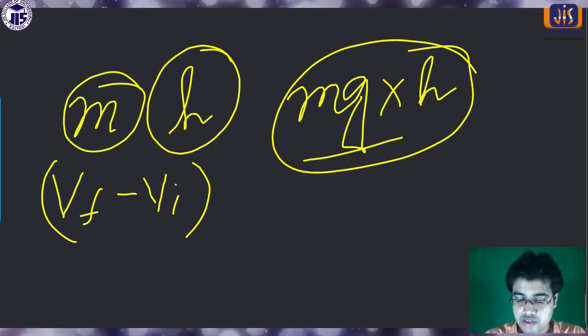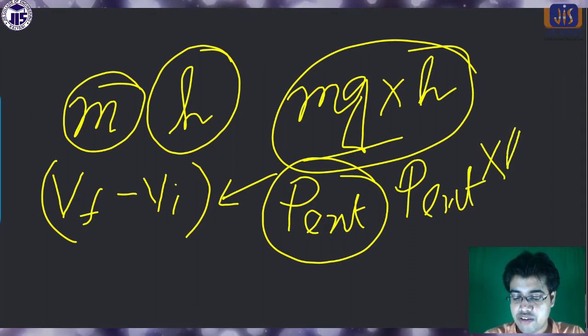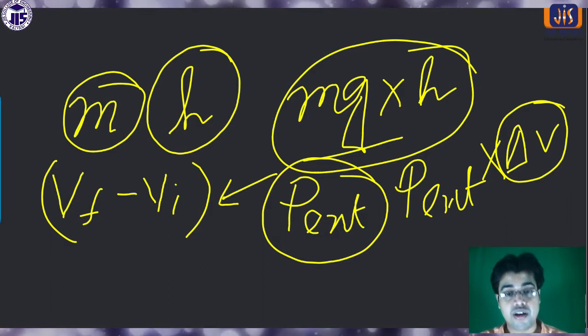And for the intensity factor, suppose we are applying an external pressure Pext. So what will be the work done? Work done will be Pext, the external pressure, into delta V. Delta V means the volume change. So by the multiplication of the intensity factor and the capacity factor, we can express the work.